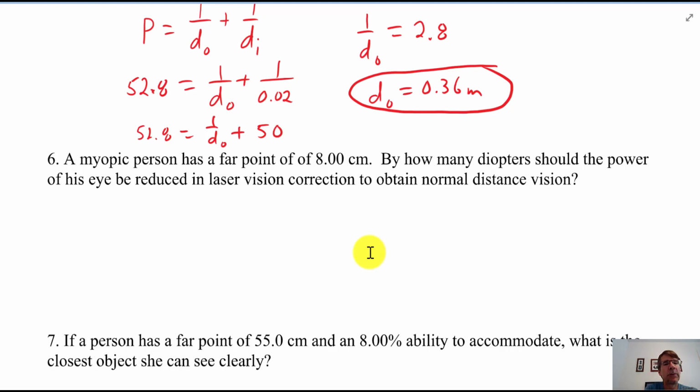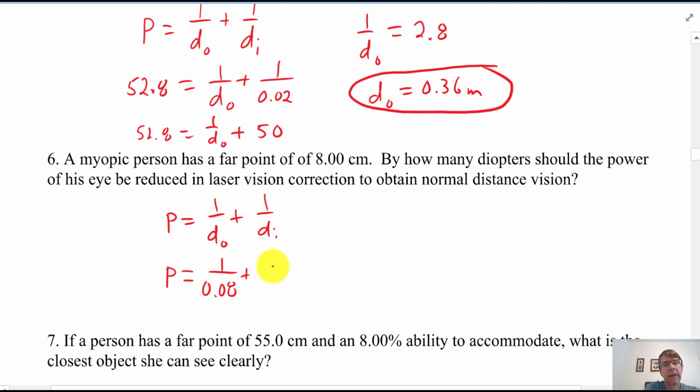Once again, you plug into the equation straight up, and we're applying this right to the eye. No corrective lenses yet. We have a far point, so we put in the far point here. If an object is at the far point, 0.08 meters, it's going to properly focus on the retina at 2 centimeters.